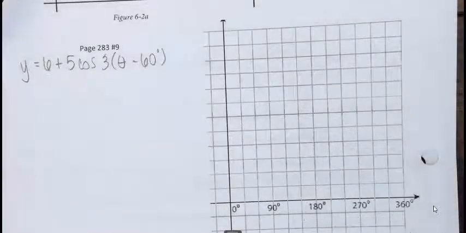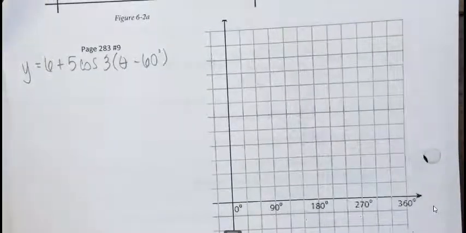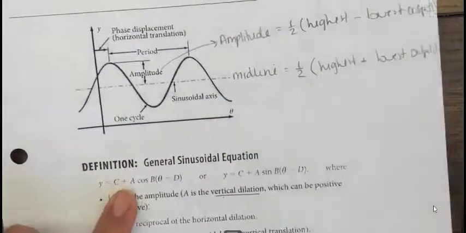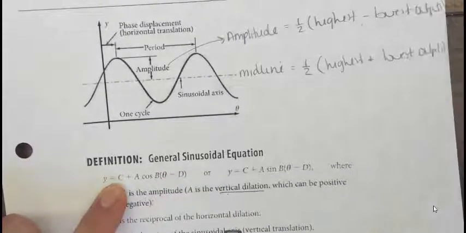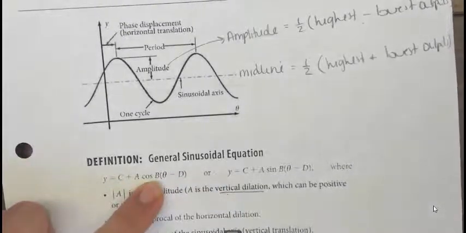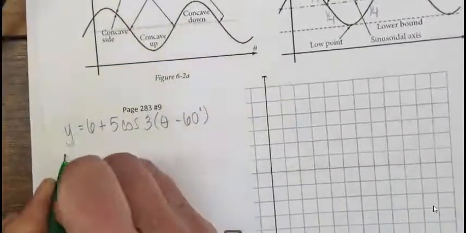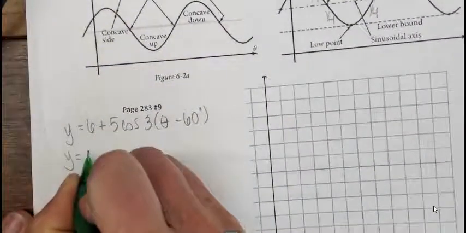So when you're doing these, think about that general equation. Okay, so think about looking at it like this. I'm going to go ahead and write that just directly underneath it, so we can figure out all the different pieces.